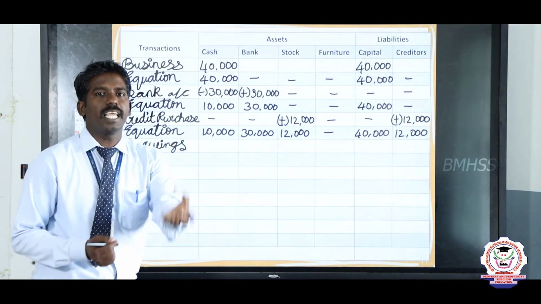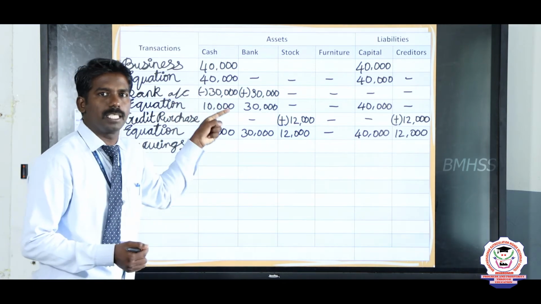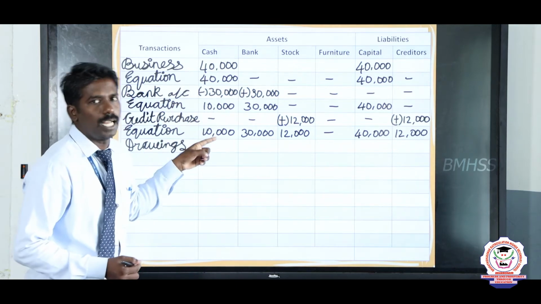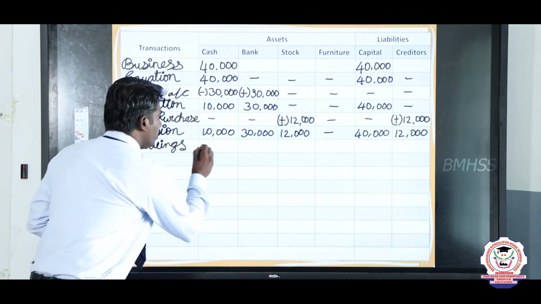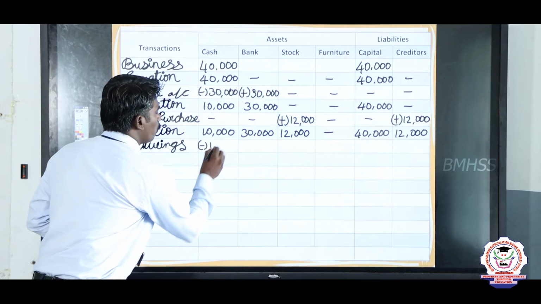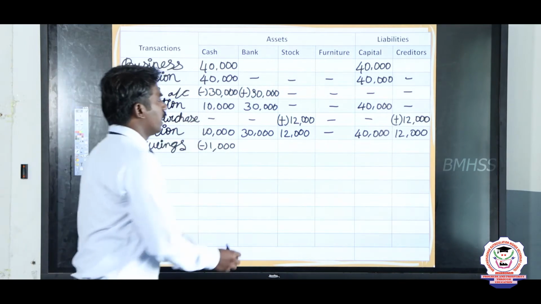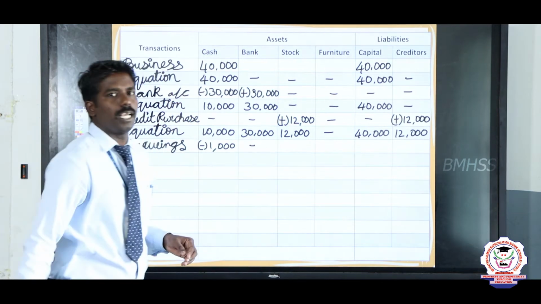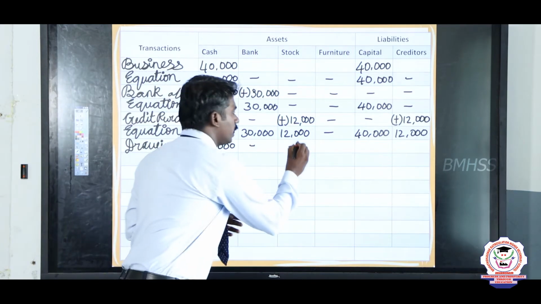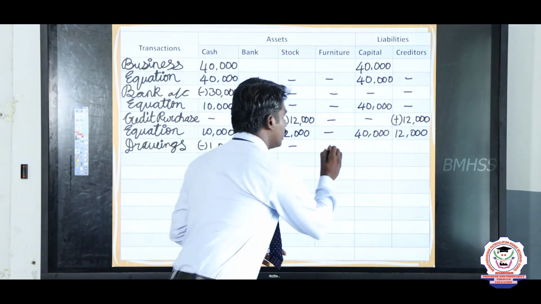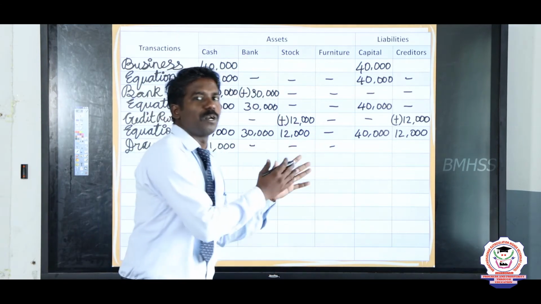When the owner takes 1,000 rupees cash from the business organization, it will be reduced in the cash column. So deduct 1,000 rupees in the cash column. Then see the next column: no changes in the bank column, no changes in the stock column, and no changes in the furniture column. Then move on to the capital.